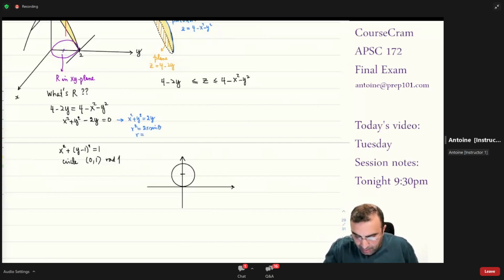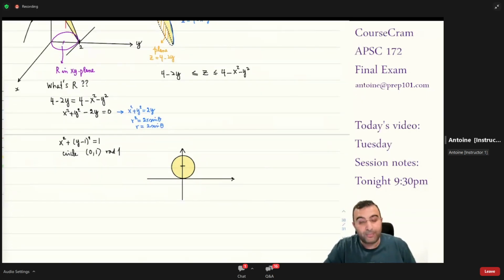Simplify by r, so r is equal to 2 sine theta. So that's my region. And that's why I gave those regions to you earlier, because I knew they would show up on questions. So theta goes from 0 to pi when r goes from 0 to that curve, which is 2 sine theta.